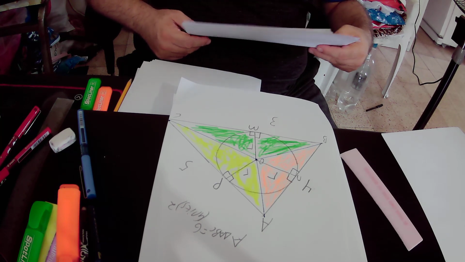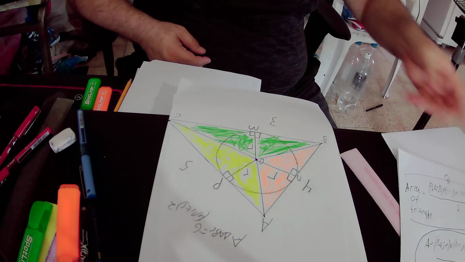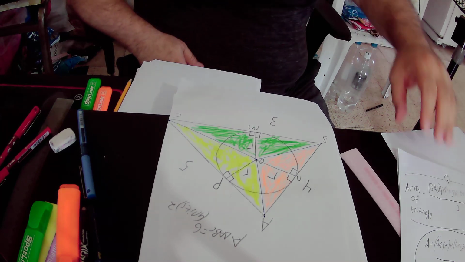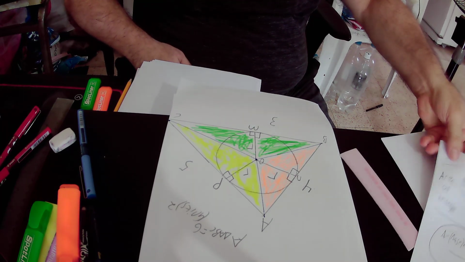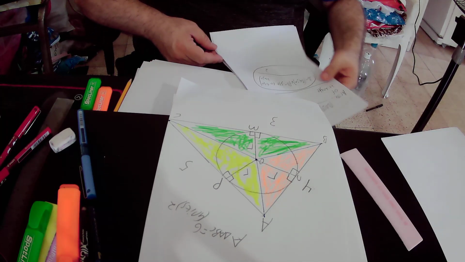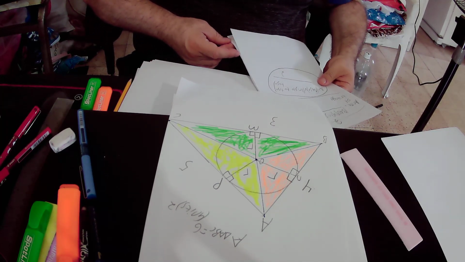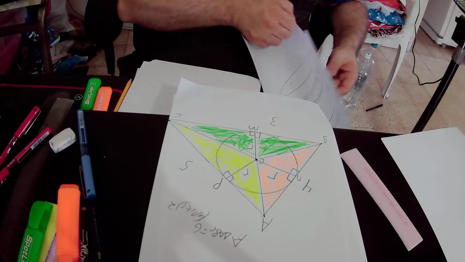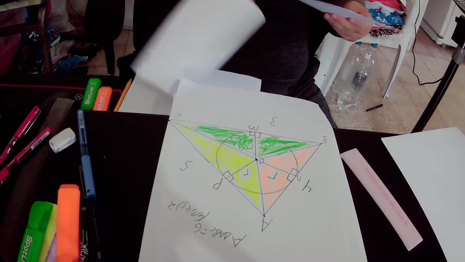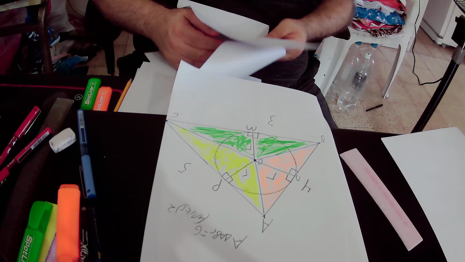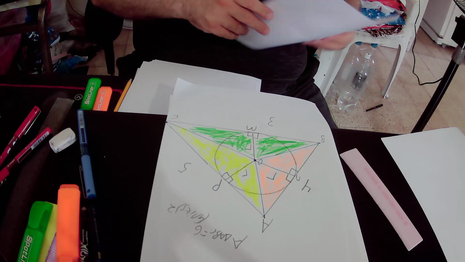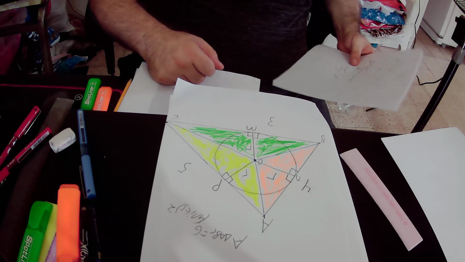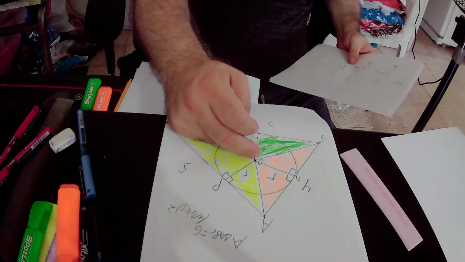so according to this rule, we can calculate the area of the green triangle. The area of the green triangle will be equal to the base of the triangle, that is 3 units, times the height of the green triangle.